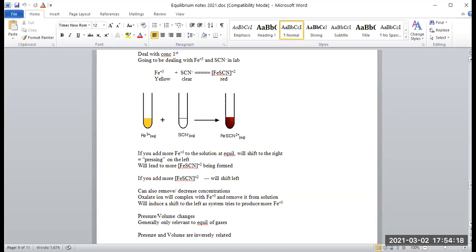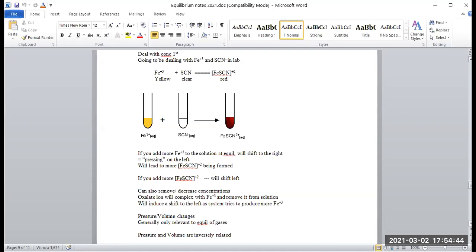What you're doing is, if you add more Fe+3, the equilibrium thinks that there should be a specific ratio of iron to product. And so it will hastily make some more product to try to use up the extra iron.